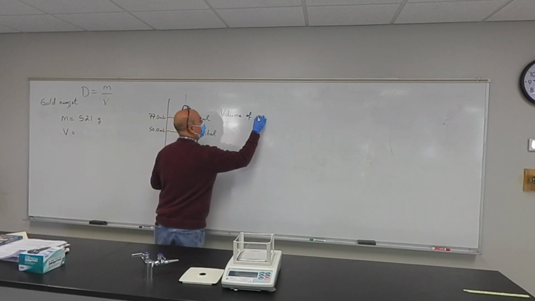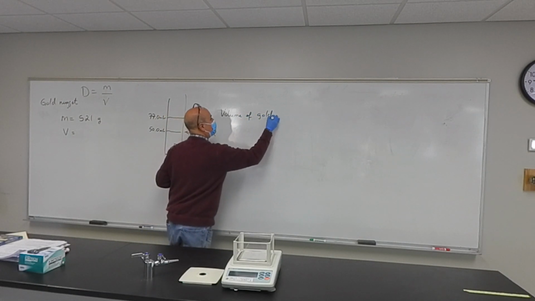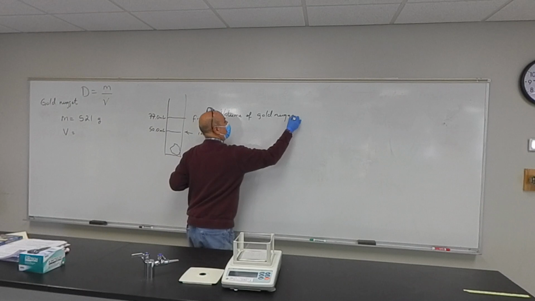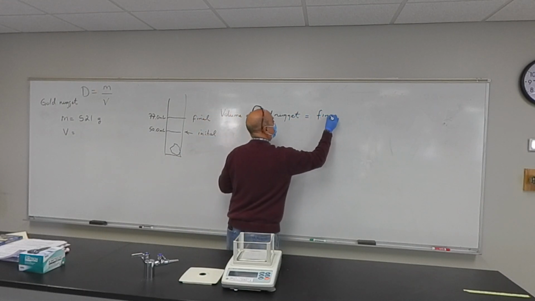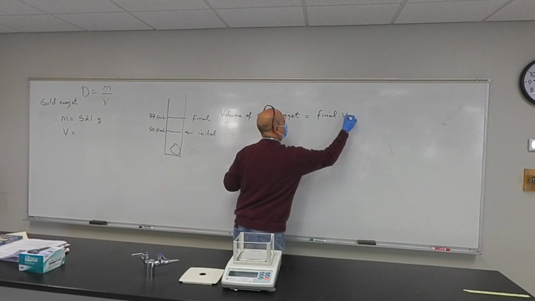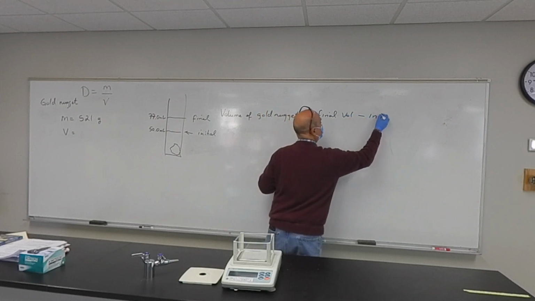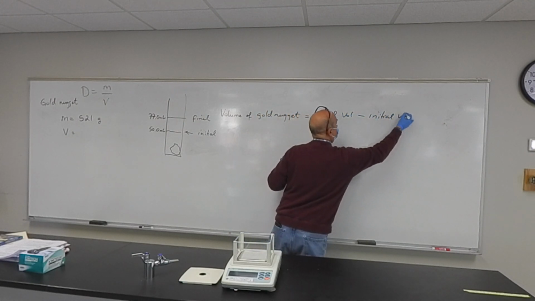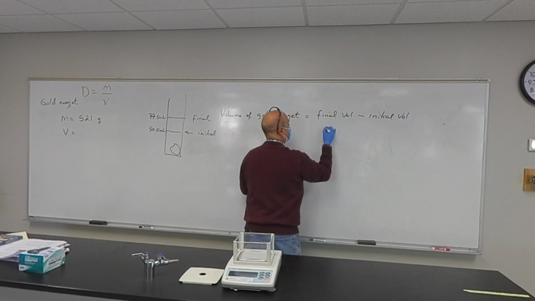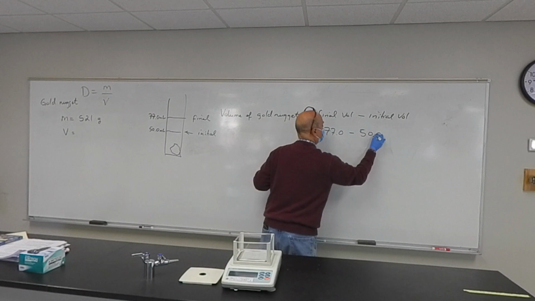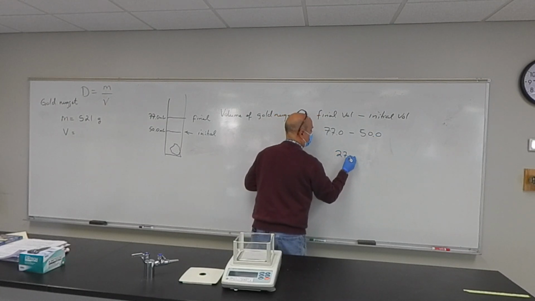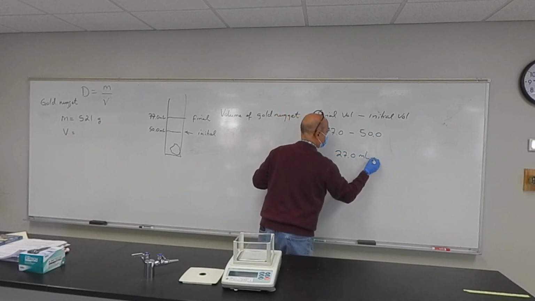Volume of gold nugget equals final volume minus initial volume, 77.0 minus 50.0, 27.0 milliliters.